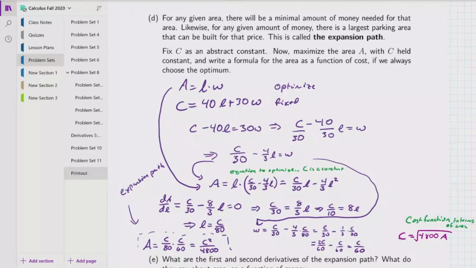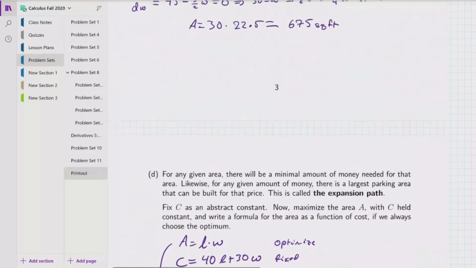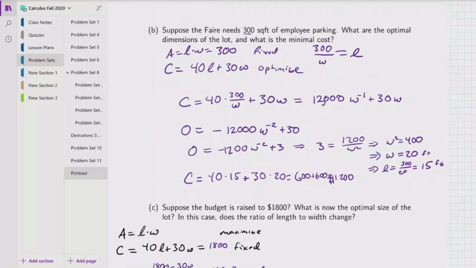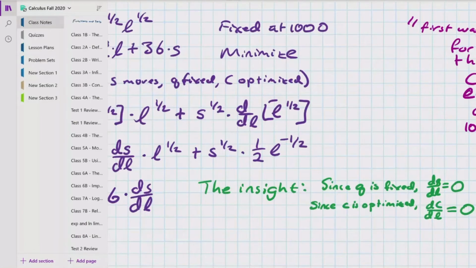So the minimization of C, the math is less pleasant, because I've got these negative 2's, and the math is a little bit less pleasant when you're doing the minimum. But the point is, you can always do this. It doesn't matter whether you're maximizing or minimizing. You can do the exact same steps to get the result.